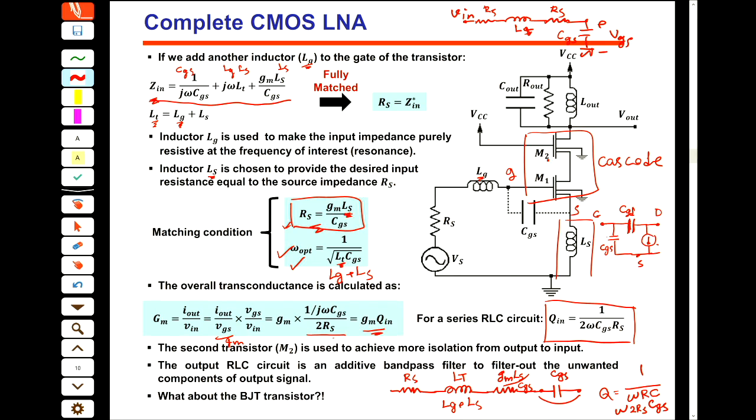What's the effect of this transistor on the gain? The transistor M2 on the gain? No, I get output from here, not here.